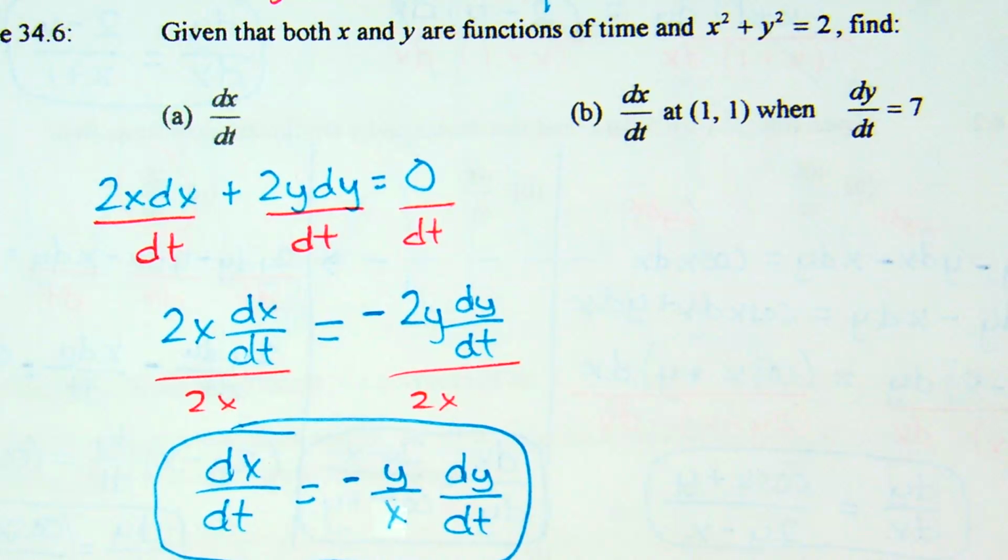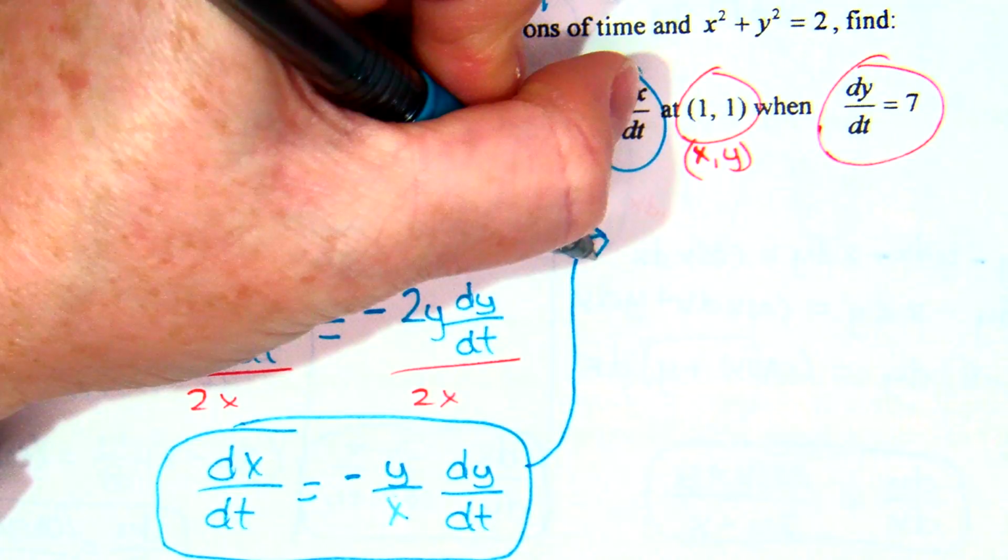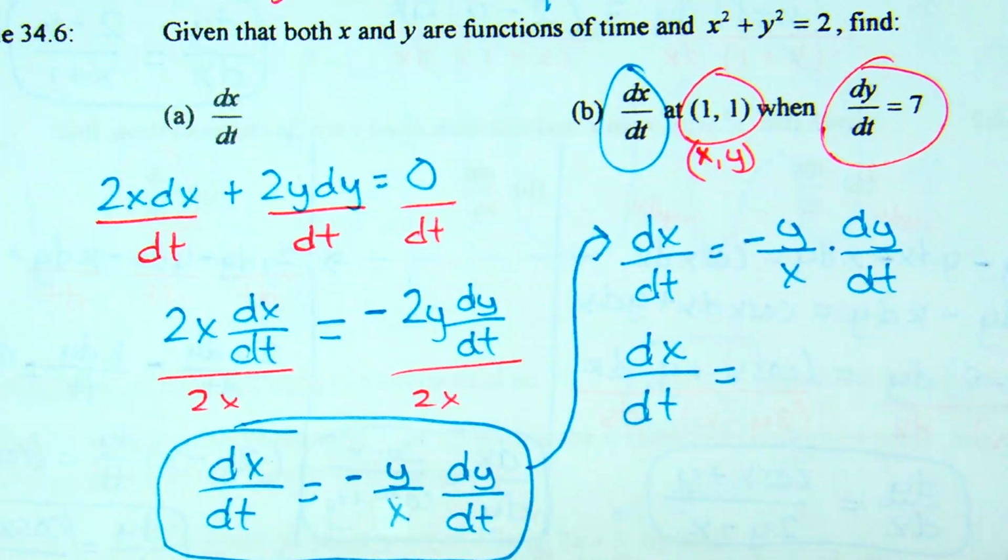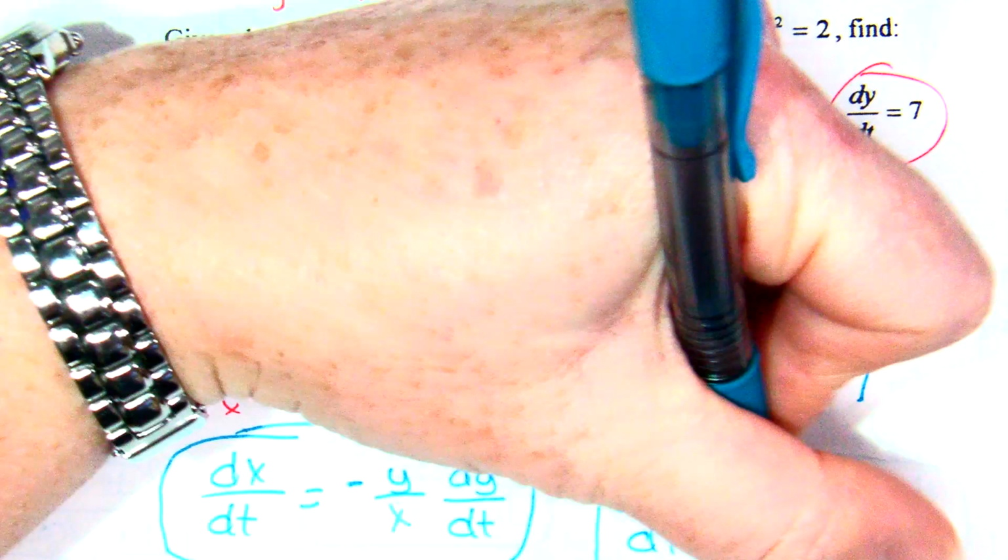So, can I use my equation from previous? dx dt is negative y over x dy dt. Can you plug all that stuff in? Negative y over x. So, that's going to be negative 1 over 1 times dy dt, which is 7. Negative 1 over 1 times 7 all becomes negative 7.